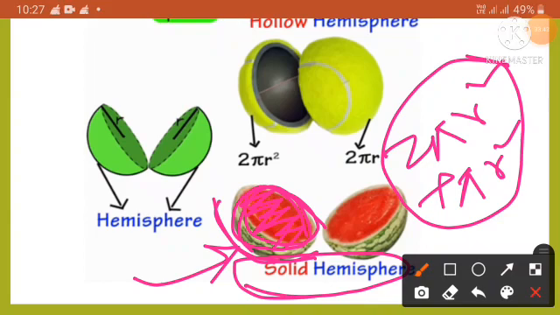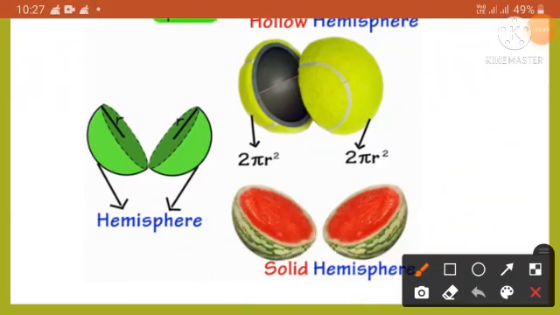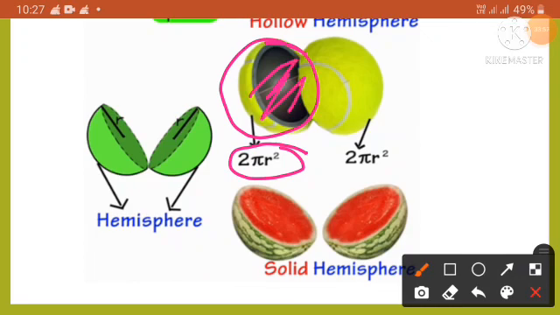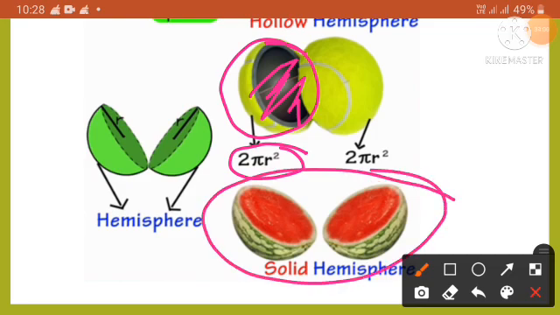Got it? Once again, for a hollow hemisphere the surface area will be 2 pi r square, as the base surface is not there. But for a solid hemisphere it will be 3 pi r square, as this base surface area is present. And for a sphere it will be 4 pi r square.